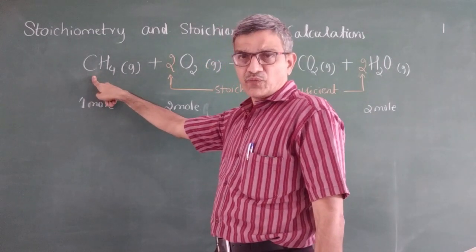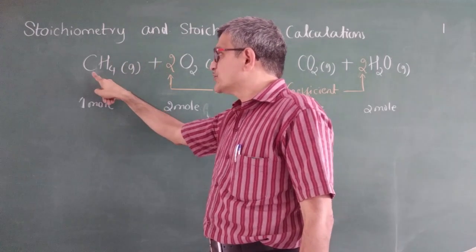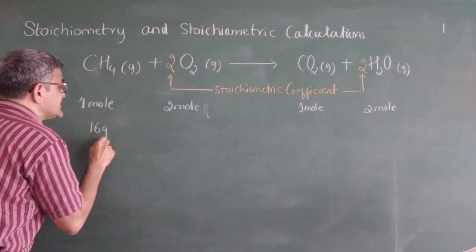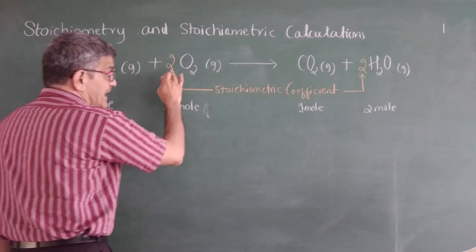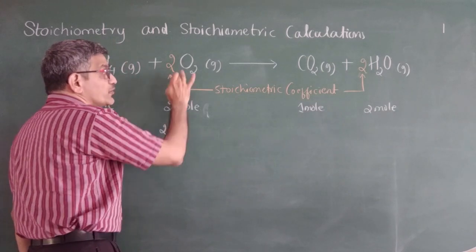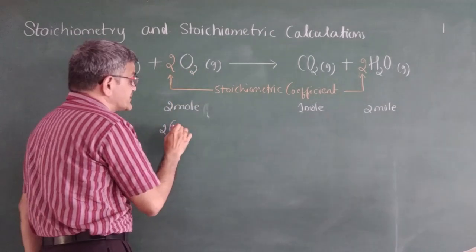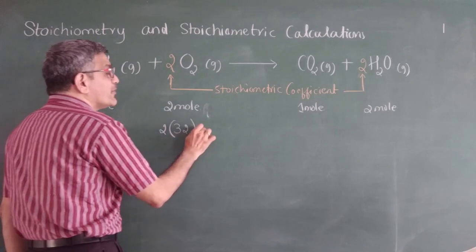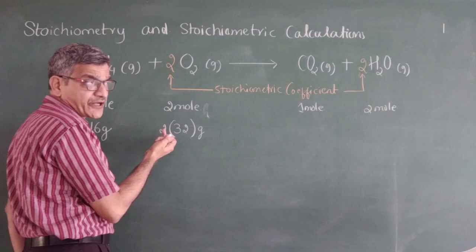Carbon is 12, hydrogen is 1 but it is 4 here, 4 into 1 is 4, 4 plus 12 is 16. So we can explain the same thing in terms of grams: 16 grams of methane reacts with 2 into what is the molar mass of O2, 16 into 2 that is 32, so 2 into 32, that is 64 grams of dioxygen.